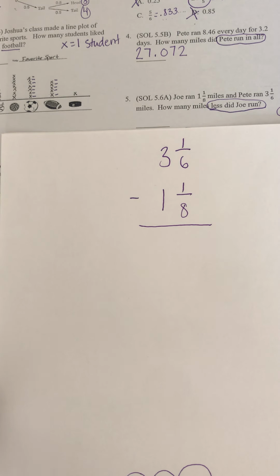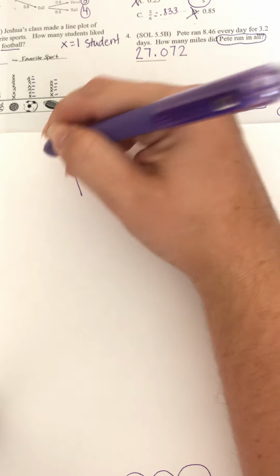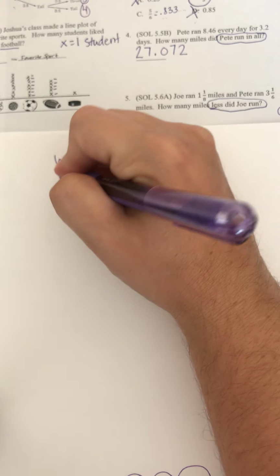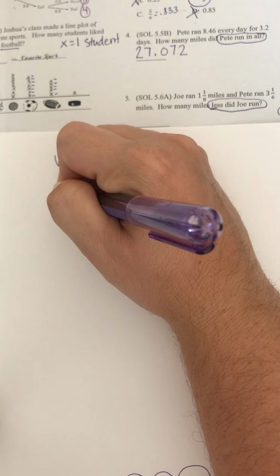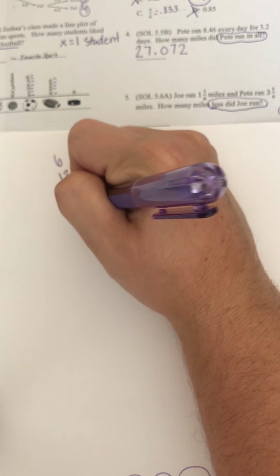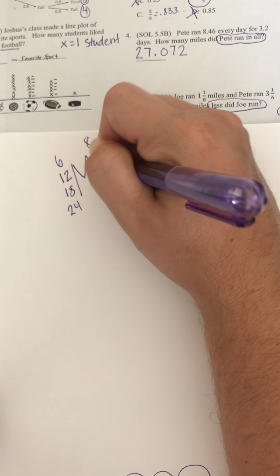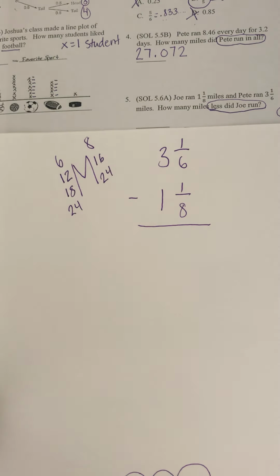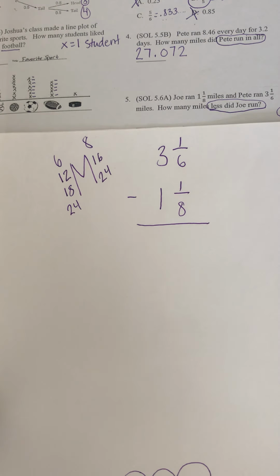Okay, need to find a common denominator. So you can set up your M for your least common multiple. I know that it's going to be 24: 6, 12, 18, 24; 8, 16, 24. So the smallest one they have in common is 24.